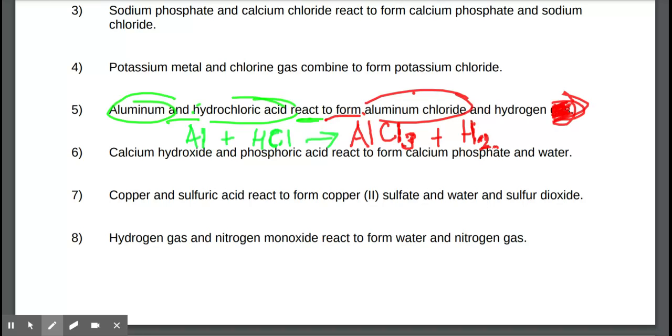Understand where the yield sign, the arrow, will be placed, and make sure you actually place it in your actual equation. Remember your diatoms. Don't forget Hofbrinkel. If you've got to write it down somewhere, write down all the elements that naturally are formed in pairs. You've got to remember those for the test.